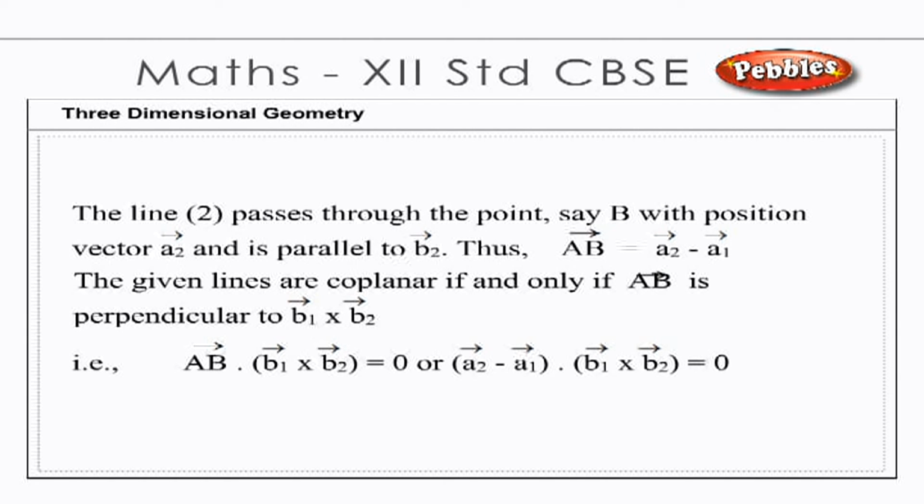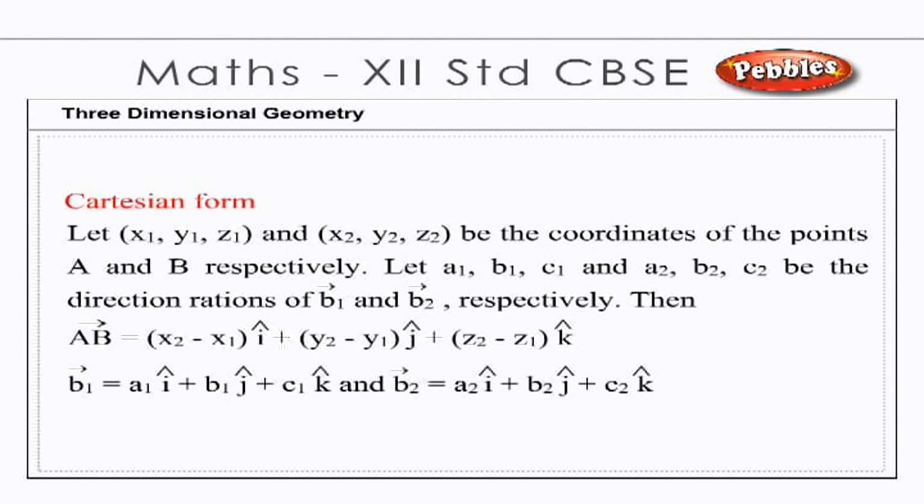The given lines are coplanar if and only if vector AB is perpendicular to B1 × B2. That is, AB · (B1 × B2) = 0, or (A2 - A1) · (B1 × B2) = 0.